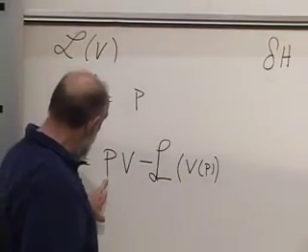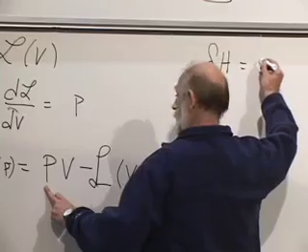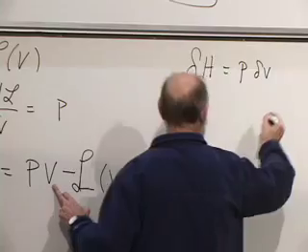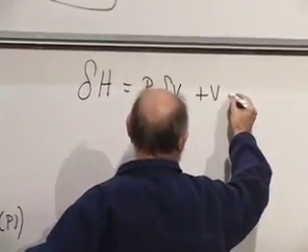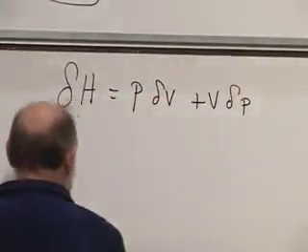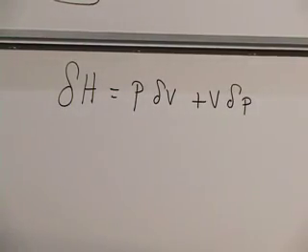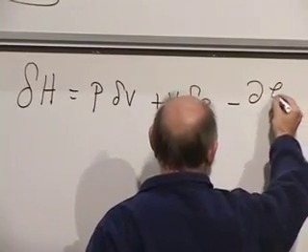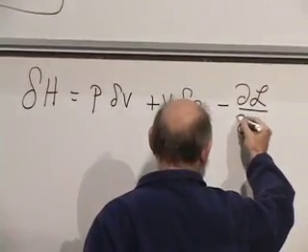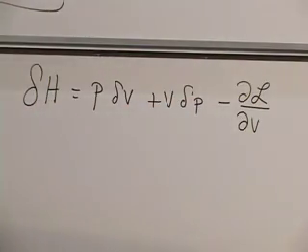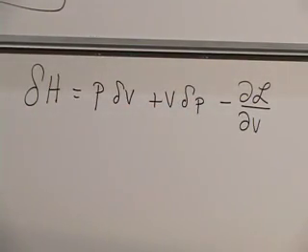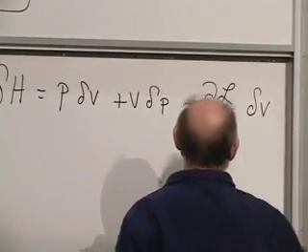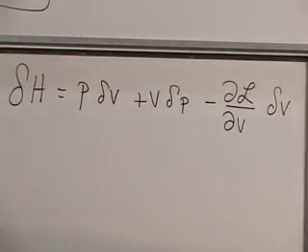All right, so first of all, we get a term which is P times the small change in V. The second term is V times the small change in P. And finally, minus the derivative of a Lagrangian, the derivative of L with respect to V, remember that L depends only on V, times the change in V. Well, wait a minute.